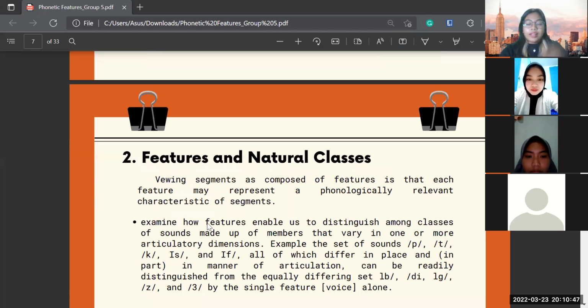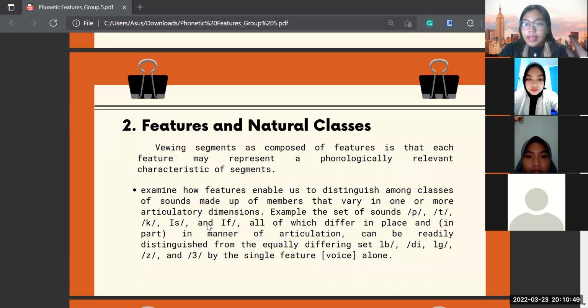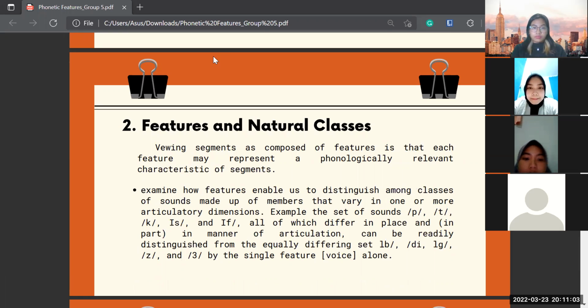Next will be conveyed by Najwa. Features and natural classes: viewing a segment as a composite of features, each feature may represent a phonologically relevant characteristic of the segment.